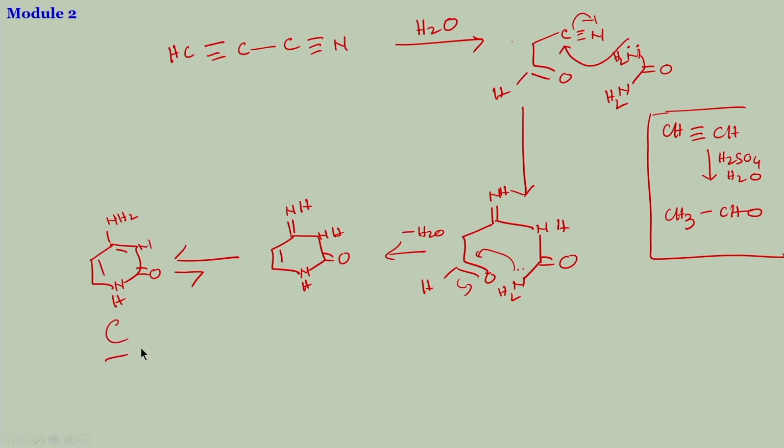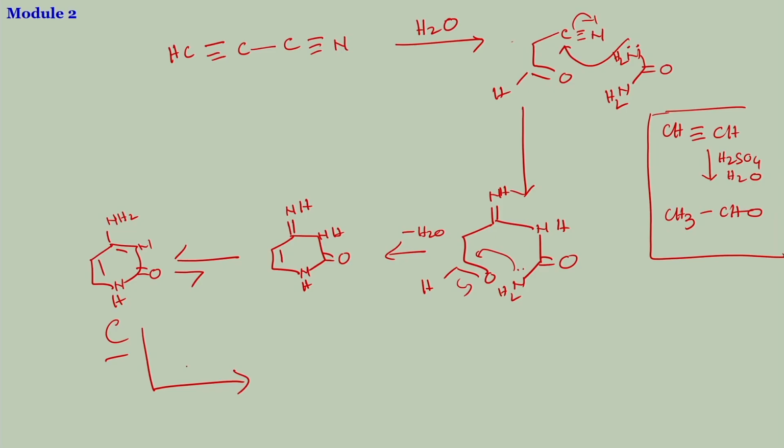Your cytosine is ready. So cytosine can be synthesized from this molecule, and obviously this molecule came from only methane and nitrogen. Once you synthesize cytosine, of course you can synthesize the uracil after hydrolysis. This would be hydrolyzed or deaminated. Uracil was synthesized.